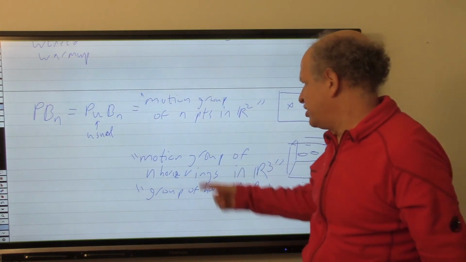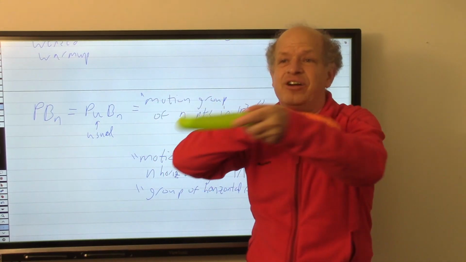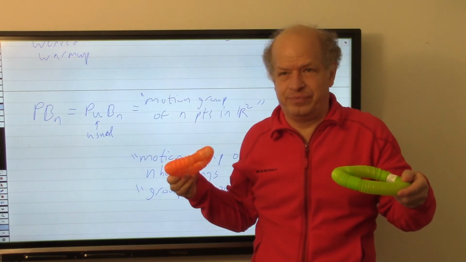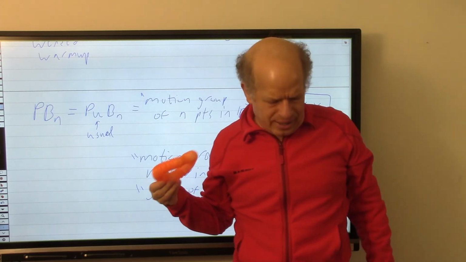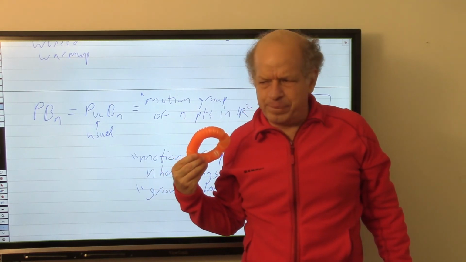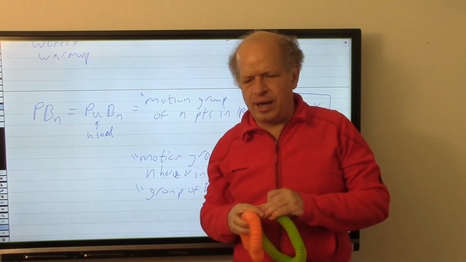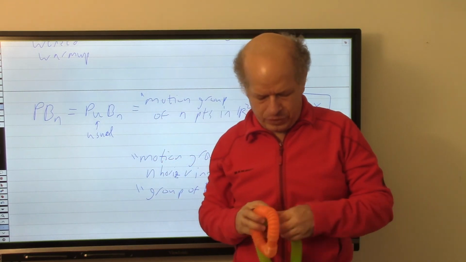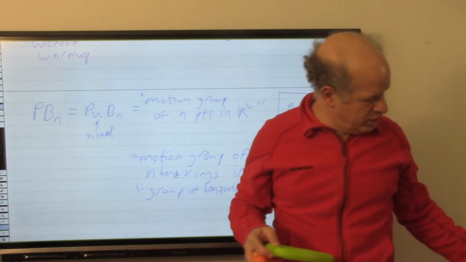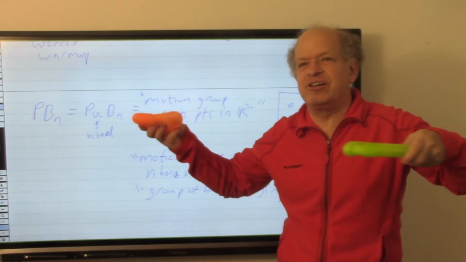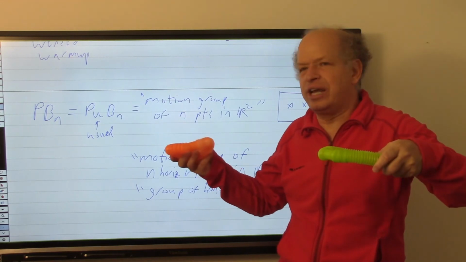Now, there is a different way to say that trading places externally is silly. Okay? And the way to say it is to say that the space of embeddings, or the placements of rings in R3 in which they are all external to each other, is simply connected.